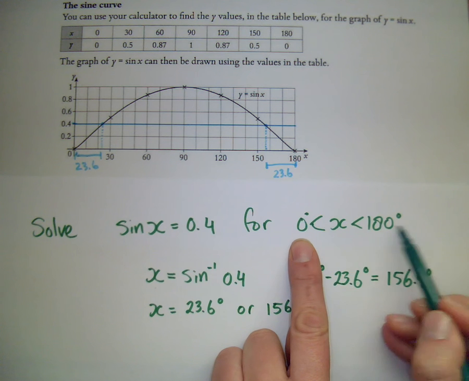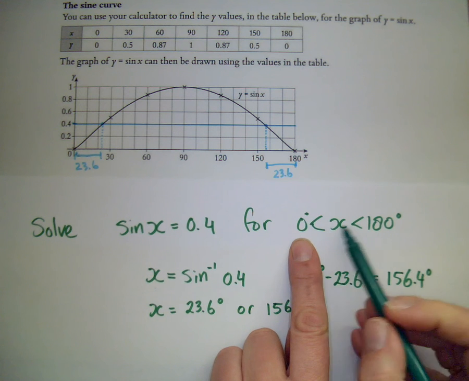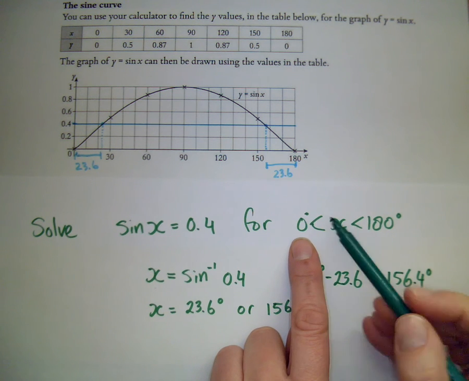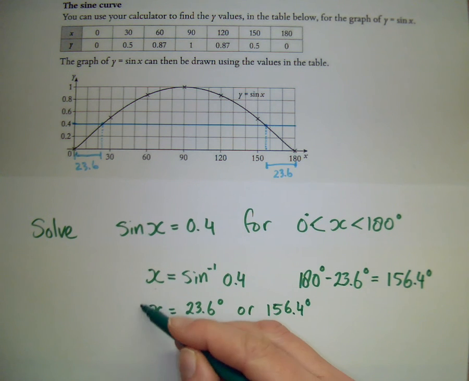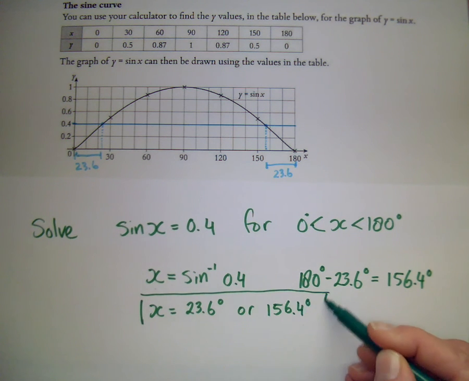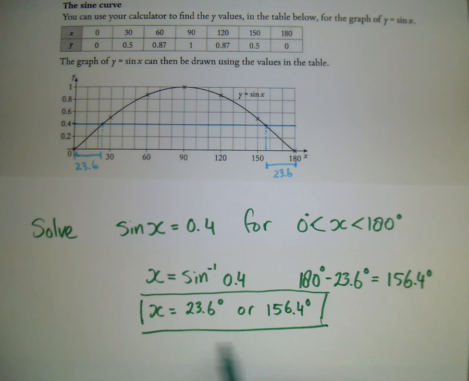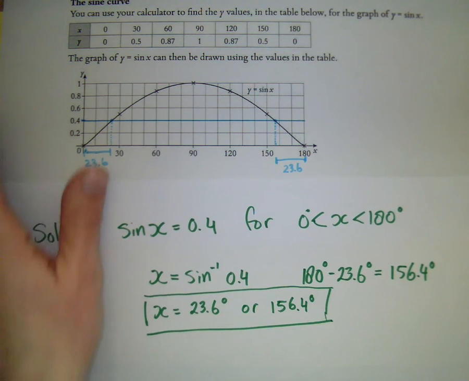If we say up to 360 or 720, however far you want to go, there could be more answers, right? But we are just looking at the interval between 0 and 180. These two numbers are between 0 and 180. Okay, that one's nice.